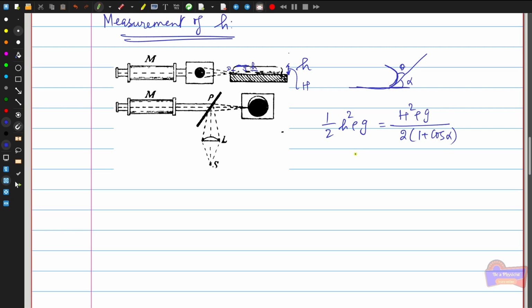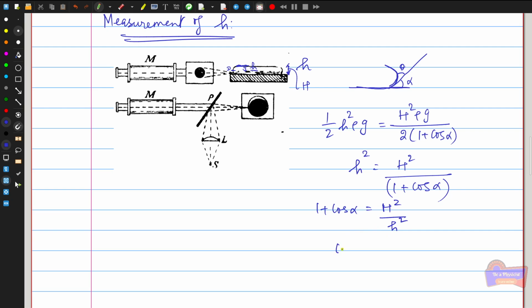From this, capital H squared divided by small h squared equals 1 plus cos alpha, or cos alpha equals H squared divided by small h squared minus 1.